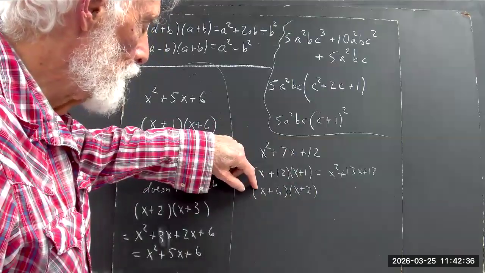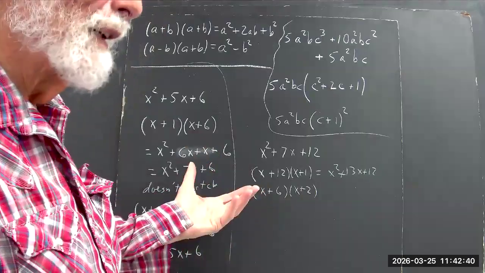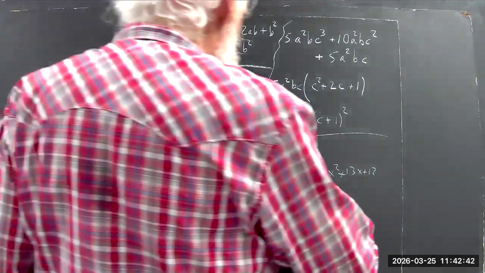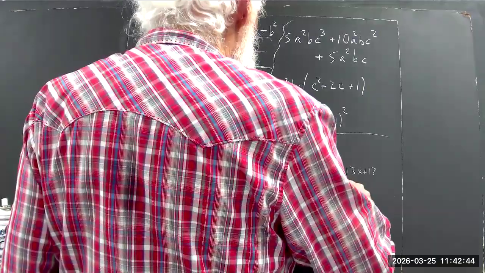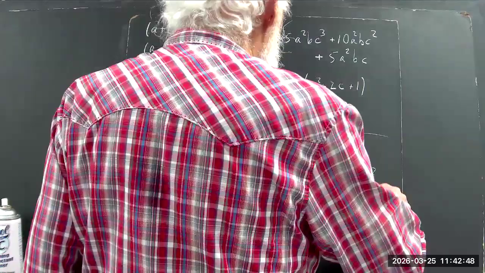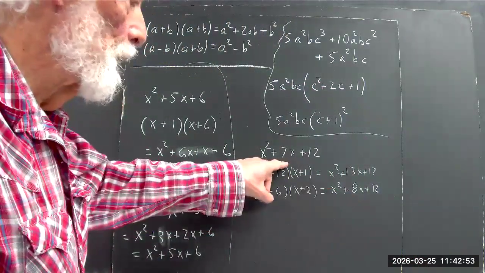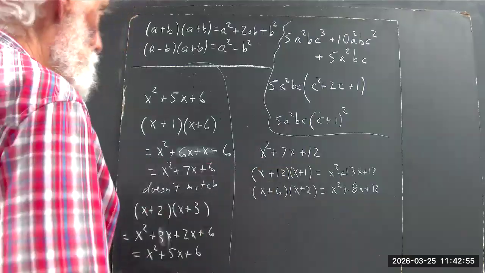And the x in the first binomial is multiplied by the 2 in the second, so we get 2x. That makes 8x. So we're getting closer, but it doesn't quite match. We got 8x where we need to have 7x.